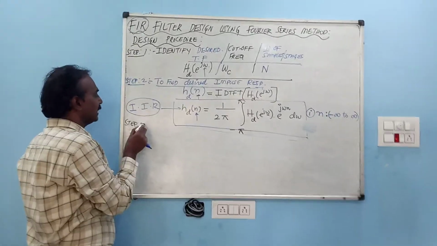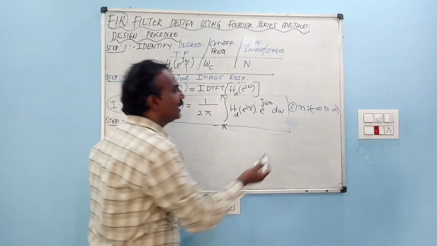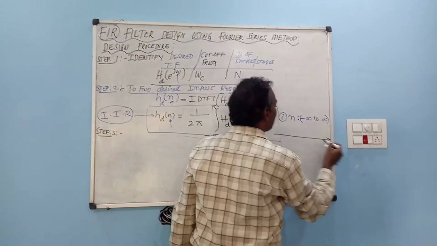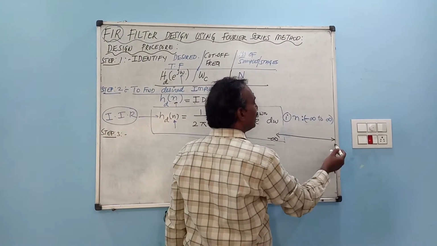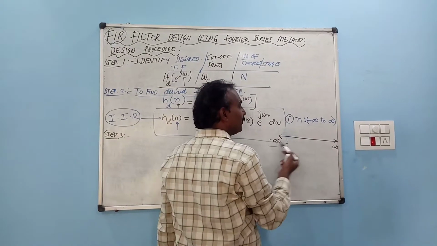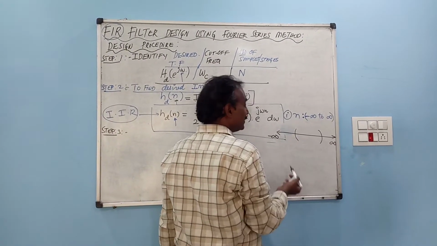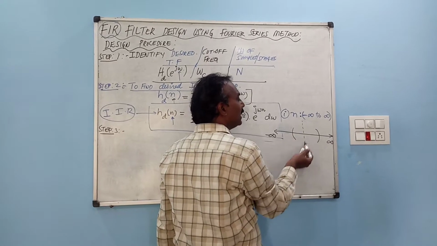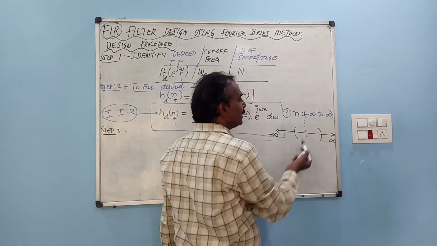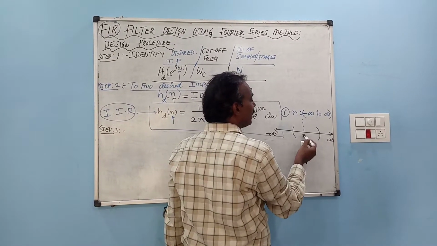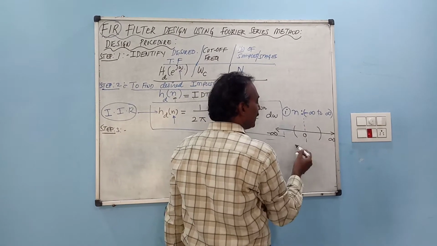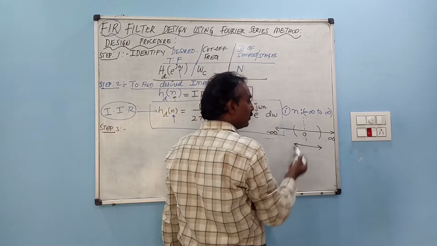So step 3, so whatever the infinite range we have, suppose if I take this number line, it is from minus infinite to plus infinite. This is infinite range. Now I want a finite range. When I want a finite range, what we try to do, we are trying to take the signal symmetrical on either sides at origin. So this is the finite range.